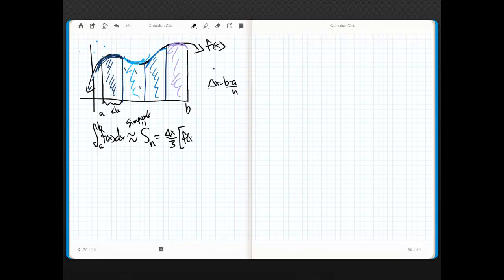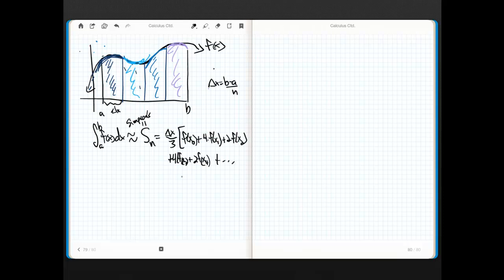I'm going to take f of x sub 0. It starts a lot like the trapezoidal, and then that's pretty much where it leaves. Watch how this works. We go 4 times f of x sub 1, plus 2 times f of x sub 2, plus 4 times f of x sub 3, plus 2 times f of x sub 4. Now watch, this notation gets a little bit ugly, so bear with me.